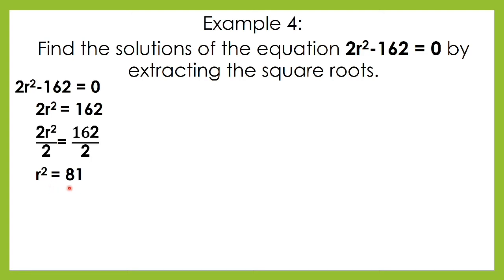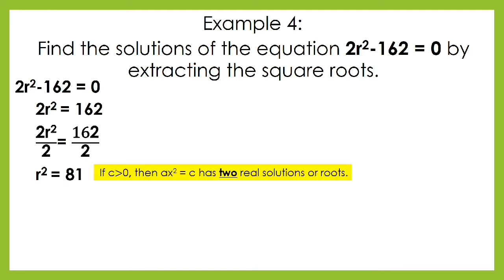Ano ang value ng c natin? 81, which is greater than 0. Sabi natin kanina, if c is greater than 0, then ax squared equals c has two real solutions or roots. Kaya, magkakaroon tayo ng two real solutions.